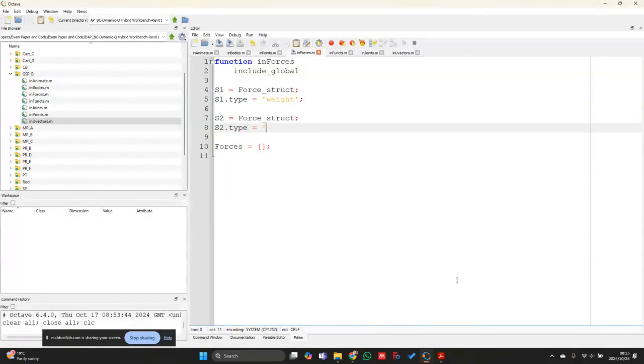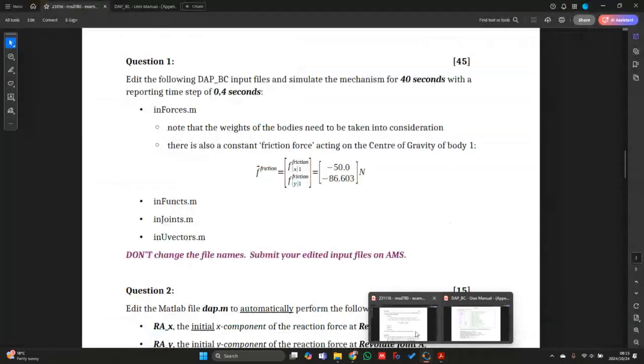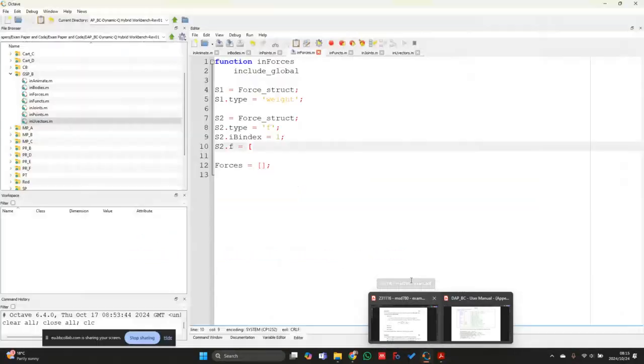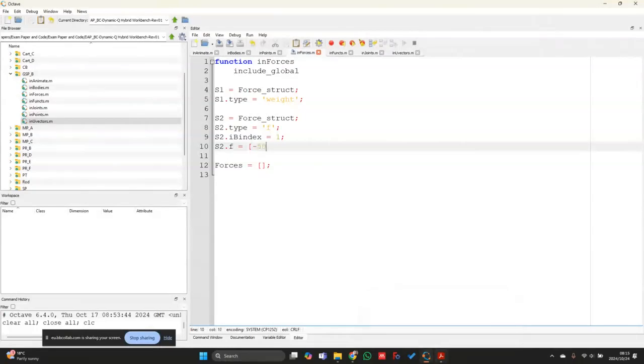S2.type will then be type F for a constant force, and then I just need to give it S2.IB index. They said it's applied on body 1, so I'm just going to type in 1 over here, and then S2.F is equal to, and now I just have to check what the values are. The first one is minus 50.0 and then minus 86.603.